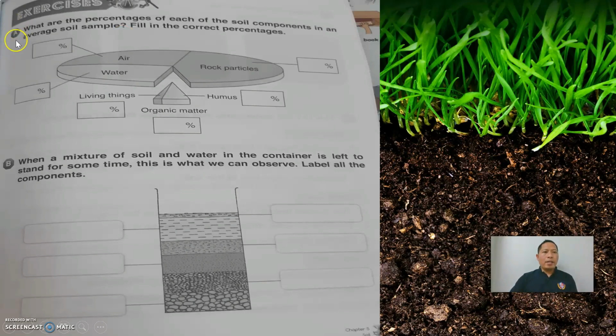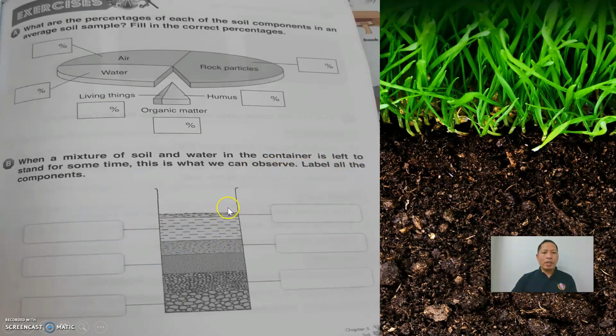In letter A, write the number, and letter B, write the word. Again, letter A, write the number which corresponds to the percentage. And letter B, when a mixture of soil and water in the container is left to stand for some time, this is what we can observe. Label all the components. So you are going to label each.